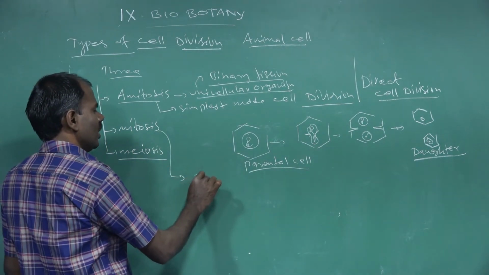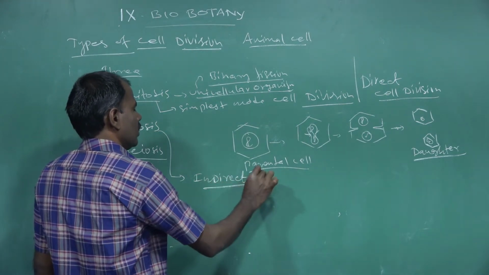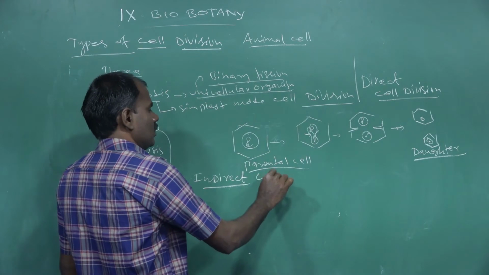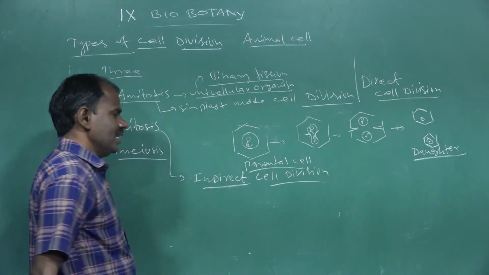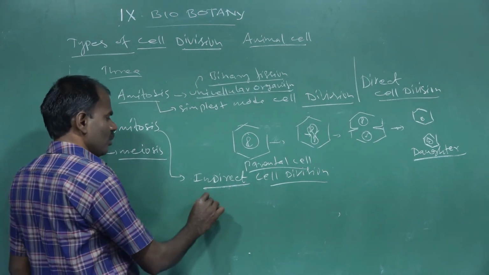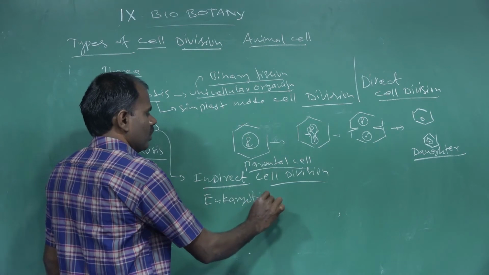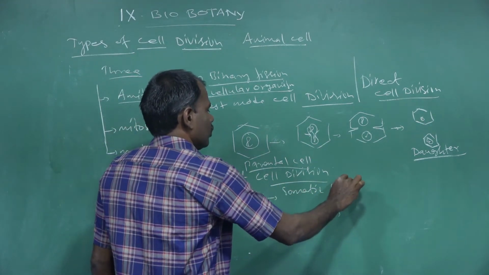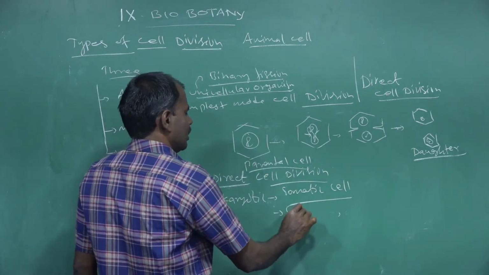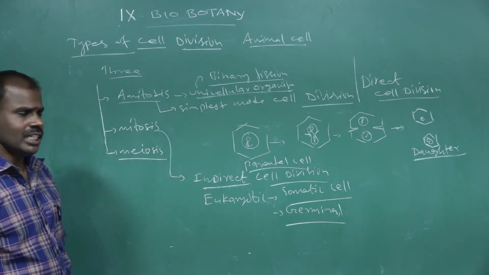Mitosis is also called indirect cell division, which occurs in eukaryotic somatic cells and germinal cells.